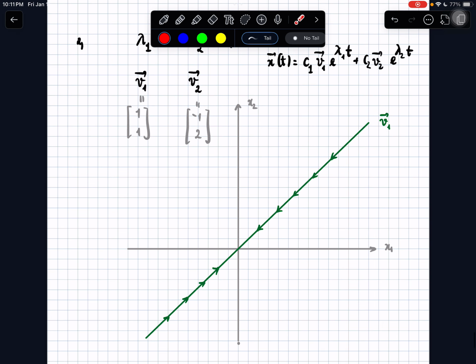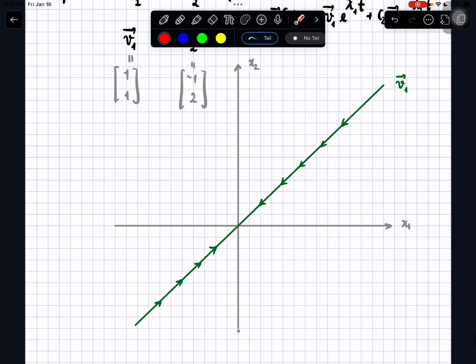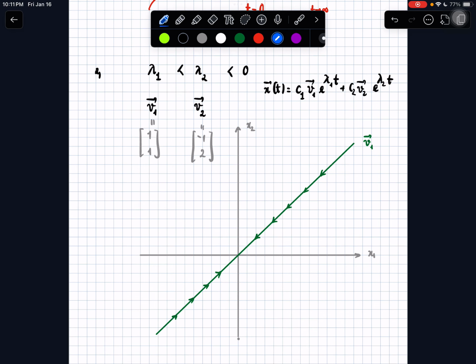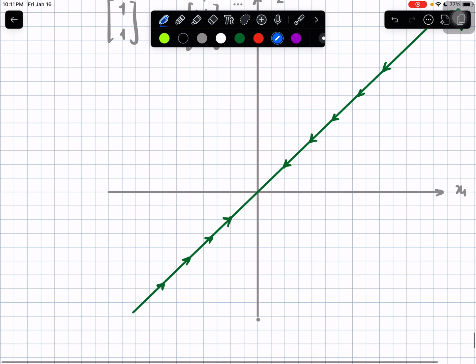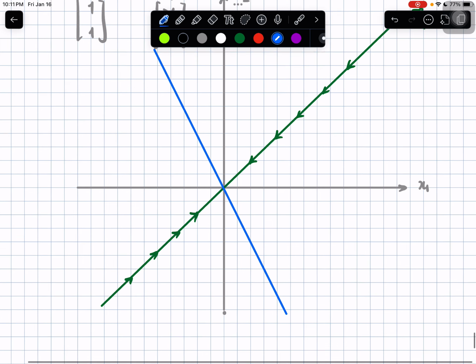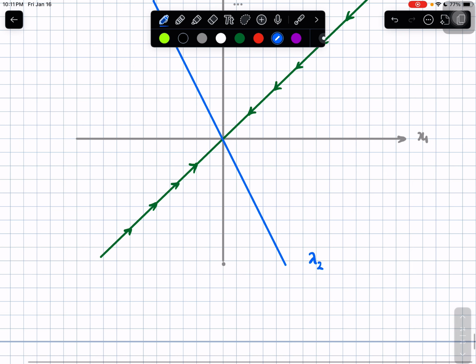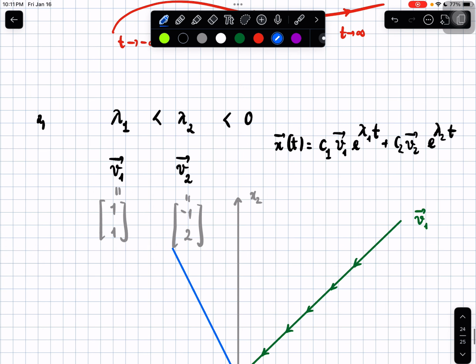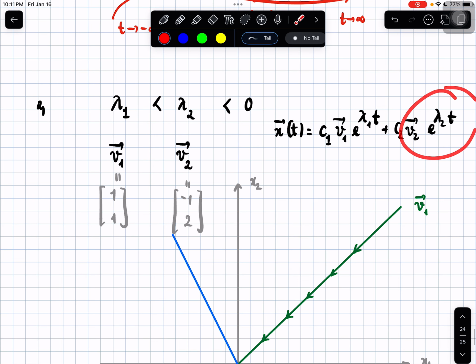Now this is v1, we have v2, the vector (minus 1, 2). Extend this and we have the blue line. Again, because lambda 2 is negative, e^(lambda 2 t) tends to 0.